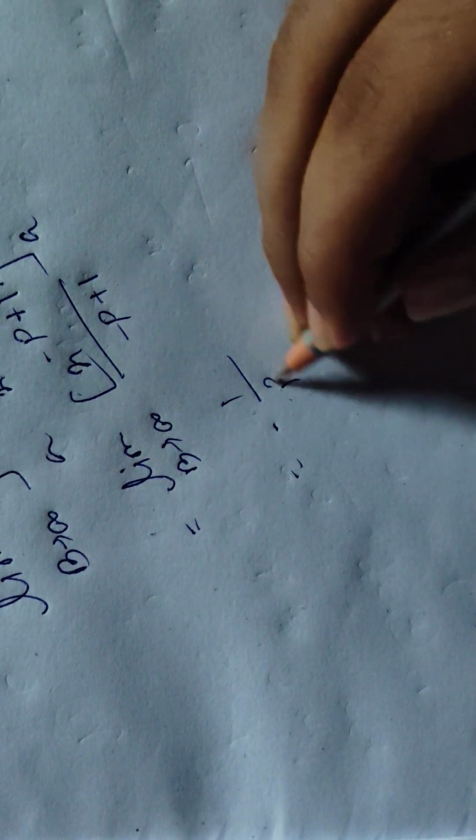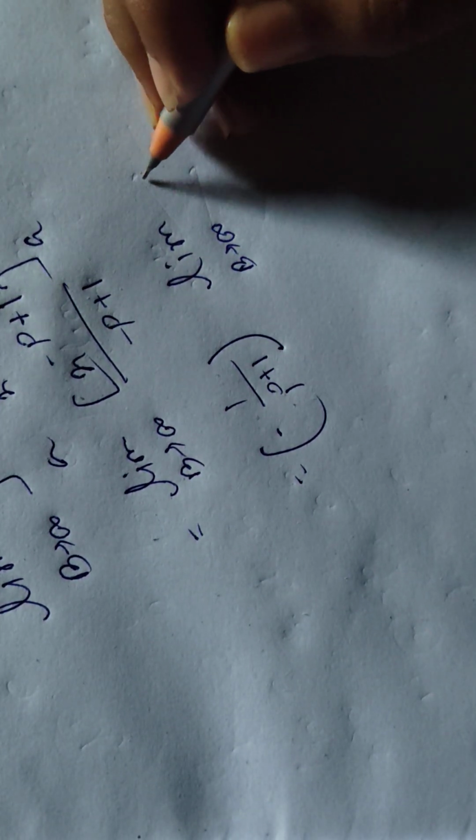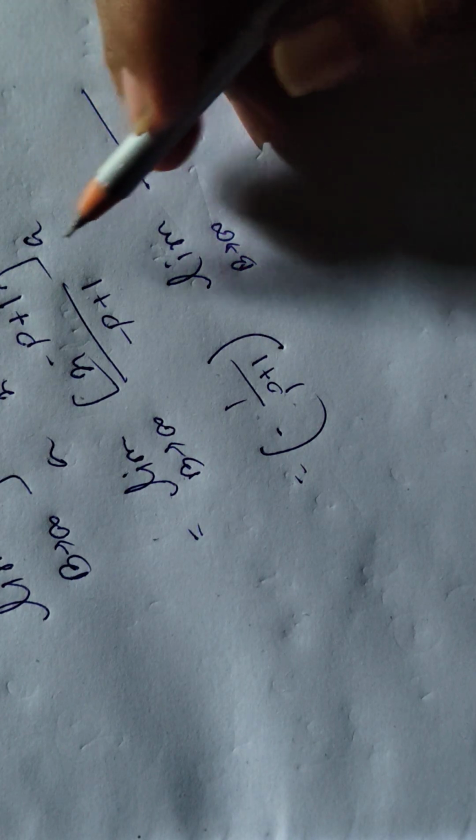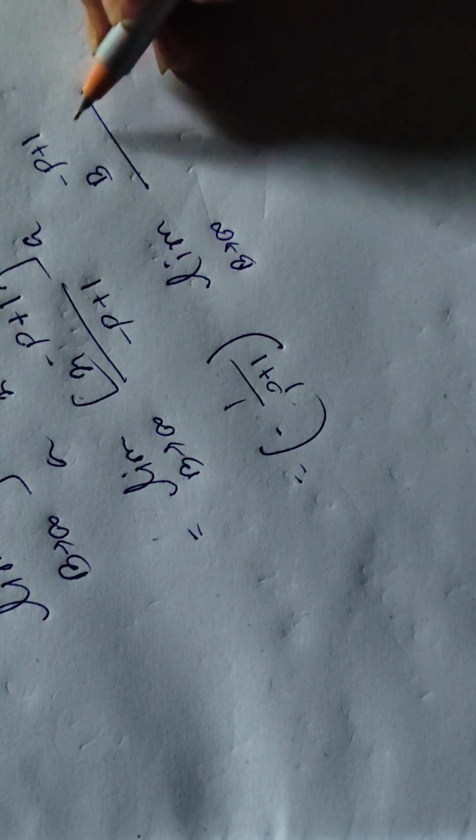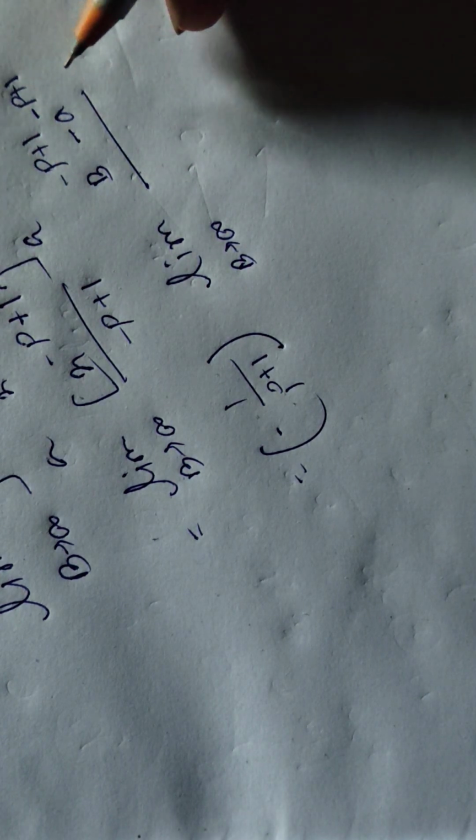Well, you can see minus 1 is a constant. We have to solve this limit as b tends to infinity, and the function is like b to the power minus p plus 1 minus a to the power minus p plus 1.